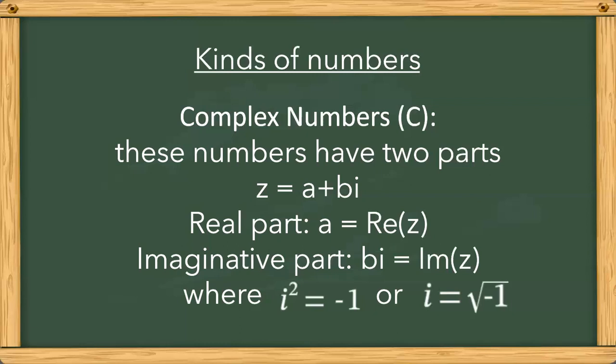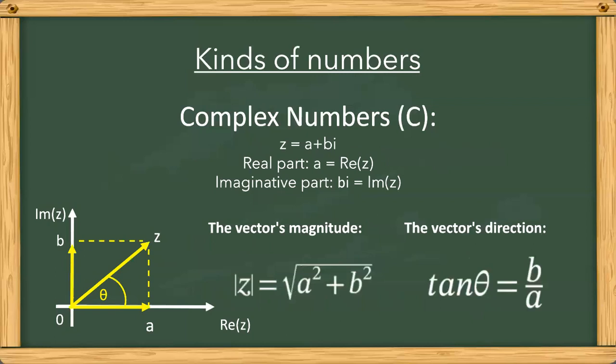Every negative number squared cannot be equal to a negative number. Every negative number squared is equal to a positive number. So we imagine that we have a number i, let's say, squared, which is equal to minus 1.